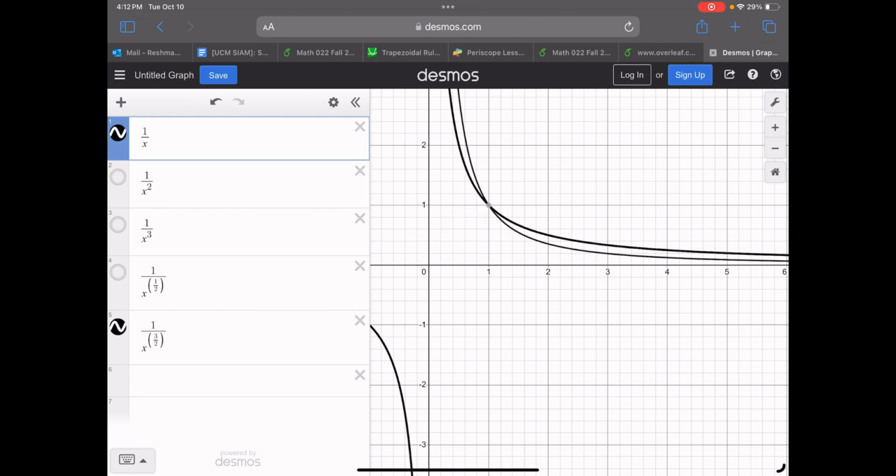So something smaller than 1 over x, we really don't know. We're going to have to find something even smaller, maybe, than 1 over x to the 3 halves to really talk about it. So we don't actually know what's going to happen with this particular guy. The point I'm trying to make here is that you have to be really, really careful with how you're choosing the function to compare a particular function.